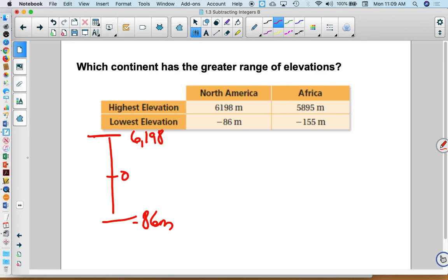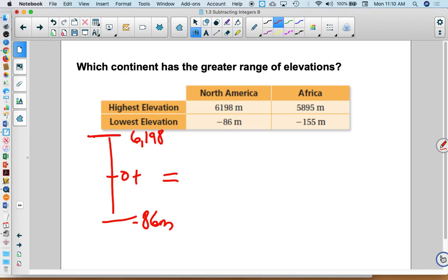Am I correct? So basically, what are you doing? You're adding the what? Numbers together. Yeah, you're adding their absolute value together is what you're doing on these. Just to determine its distance, its change in elevation. So, what is the change in elevation for North America? Everybody should be adding this one.